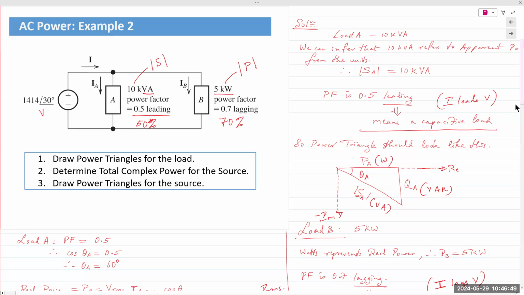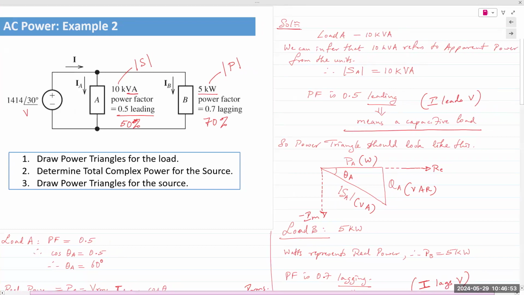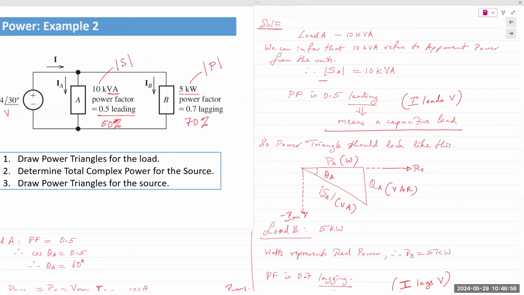So let's look at the first one. What do we have? This is 10 kVA. It refers to apparent power, S_A, so 10 kVA. Then power factor is stated as 0.5 leading. The numbers and the words both have meaning. The numbers indicate that there is an angle.